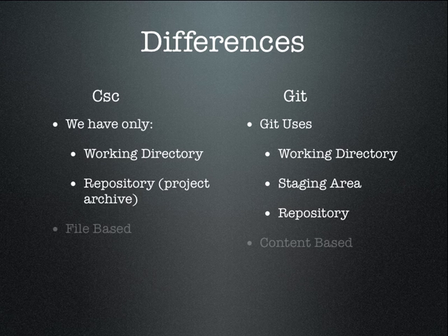And the reason for this is that Git is very content-based, that when you commit something to Git, you're not committing a file, but you're committing the current state of that file. So you can stage things into that area and then commit from the staging area into your repository.